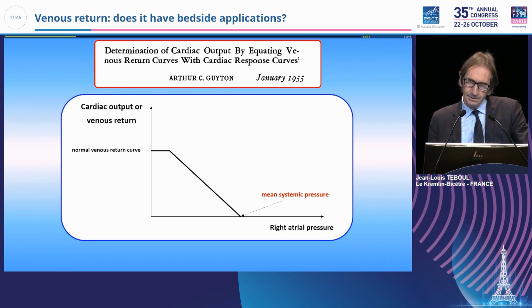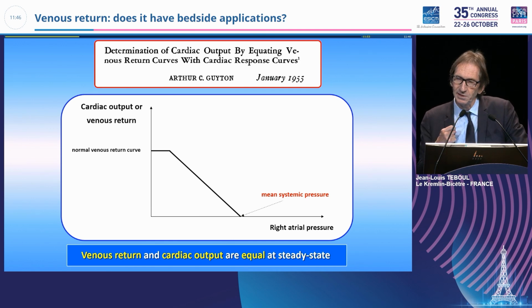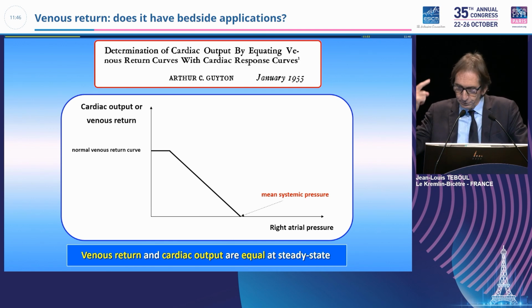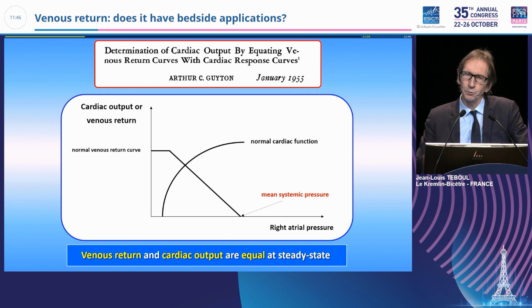Having said that, we also should remember that venous return and cardiac output are equal at steady states. So we also have to consider the Frank-Starling mechanism. And for example, for normal cardiac function, we have this kind of Frank-Starling curve.